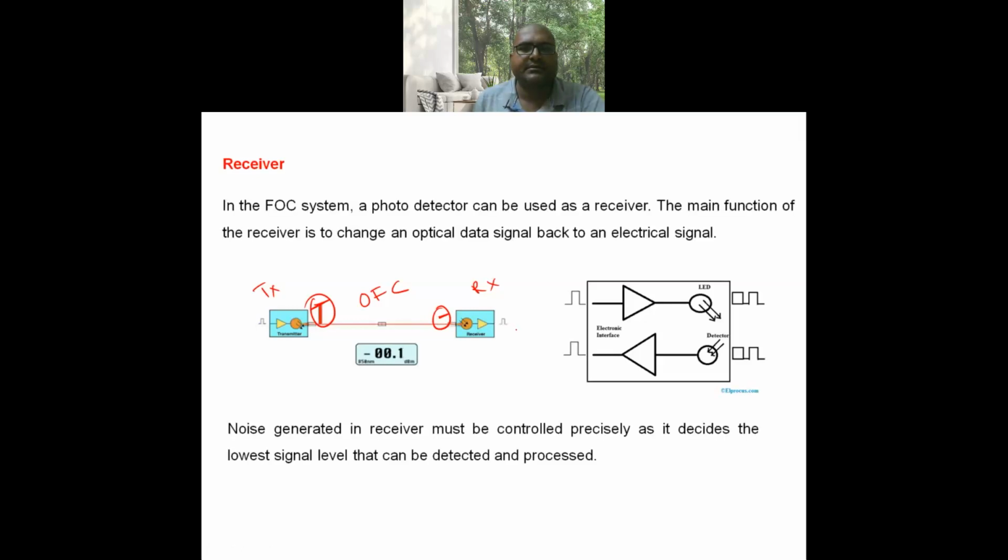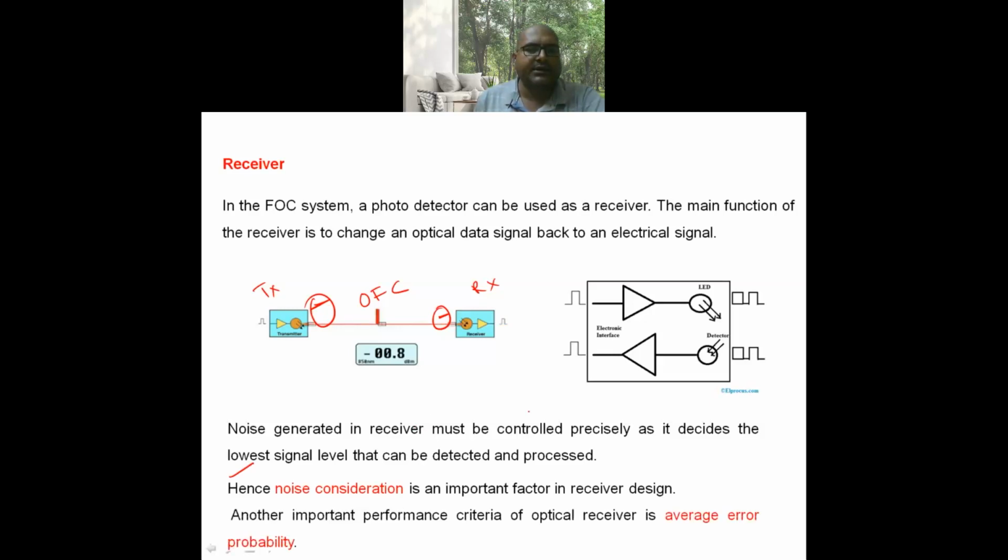Just go through the points. In receivers, noise consideration is an impact factor in receiver design. Another important performance criterion for an optical receiver is average error probability.